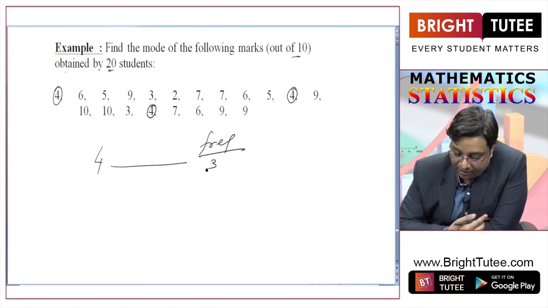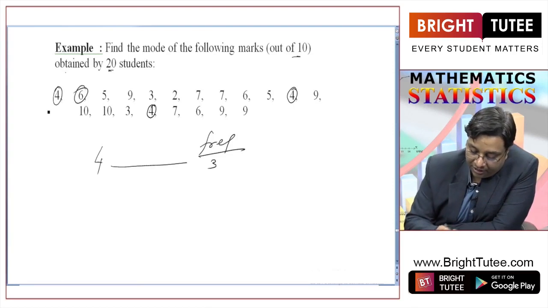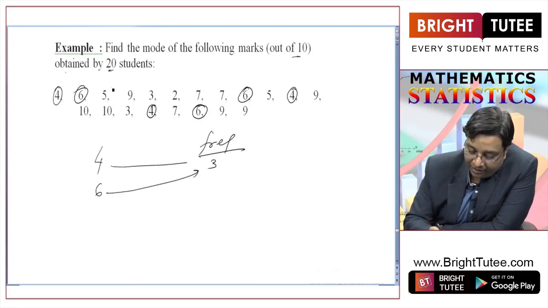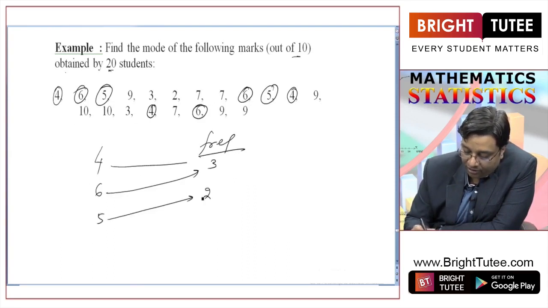It appears 3 times. So if I look at 6, it appears 1, 2, 3 times. So 6 also has got a frequency of 3. 5 appears 1, 2 times. So 5 is clearly not our mode. 9 appears 1 time, 2 times, 3 times, 4 times.